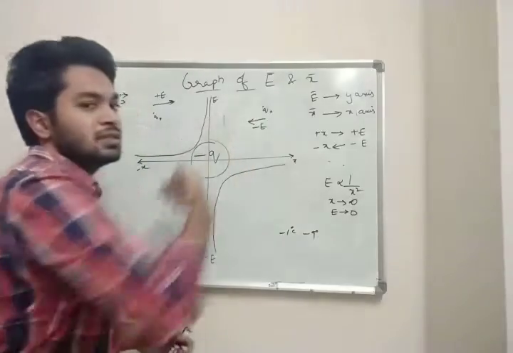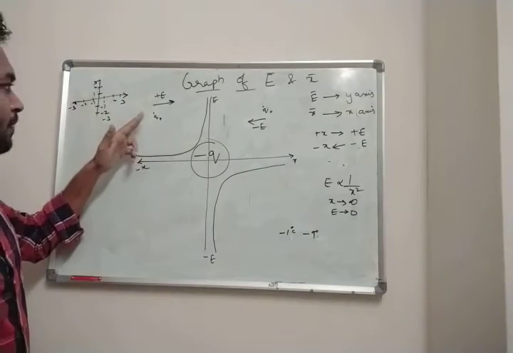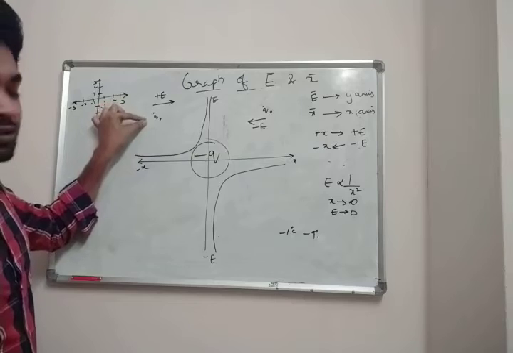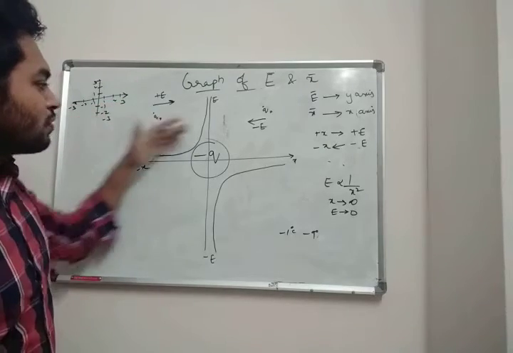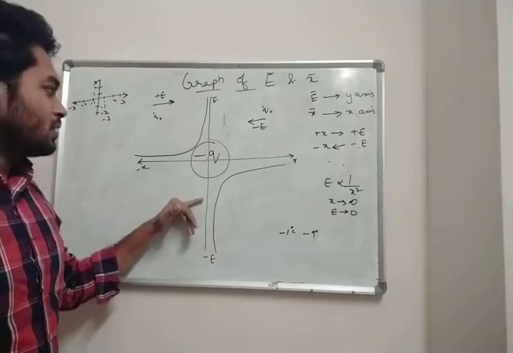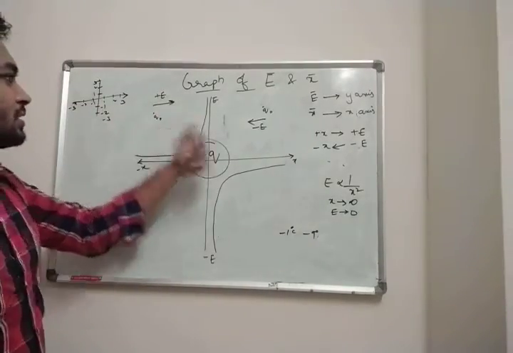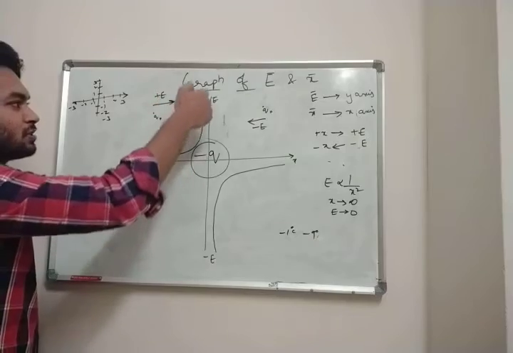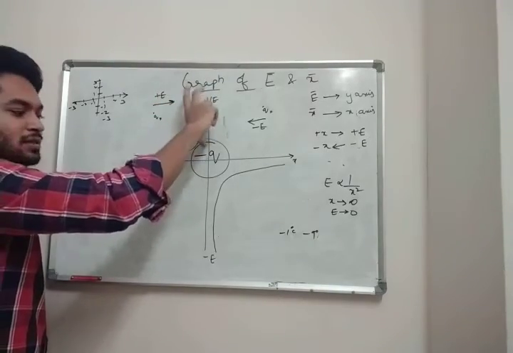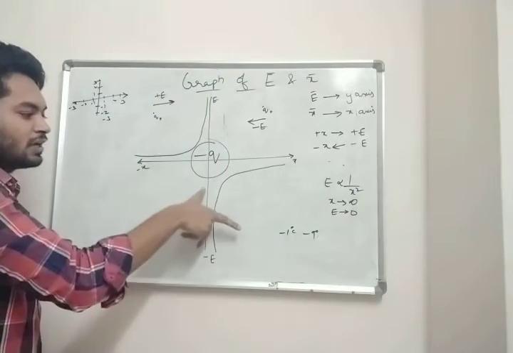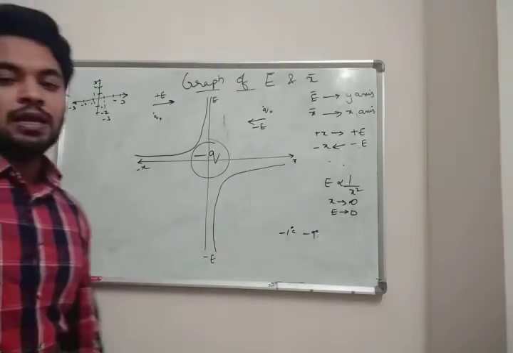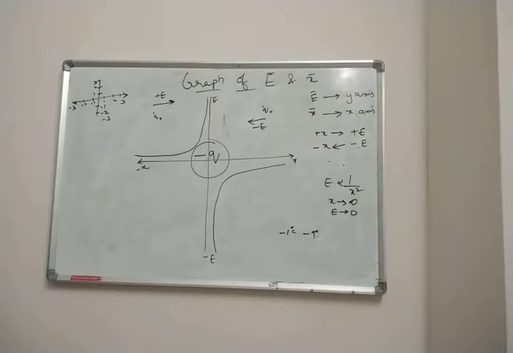If I place the test charge here, because it is positive, the electric field is towards this minus q, so electric field is on the right side. Here electric field is left side. So this is the positive electric field axis and this is the negative electric field axis. That is why you got your curves like this. Clear? Fine. Let us see our next example.